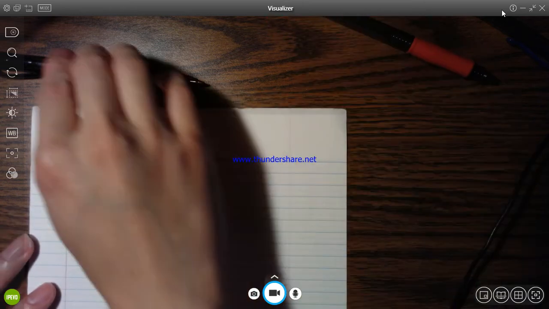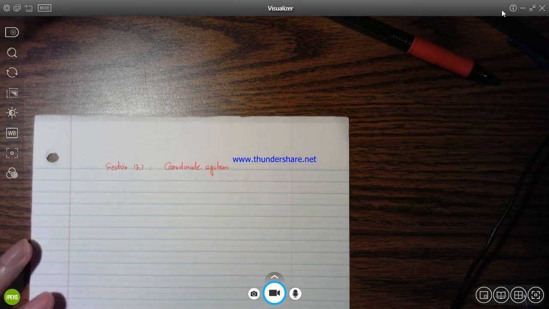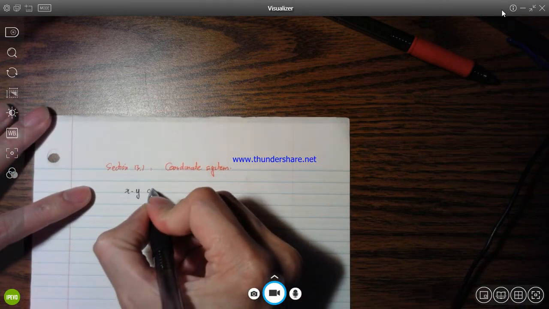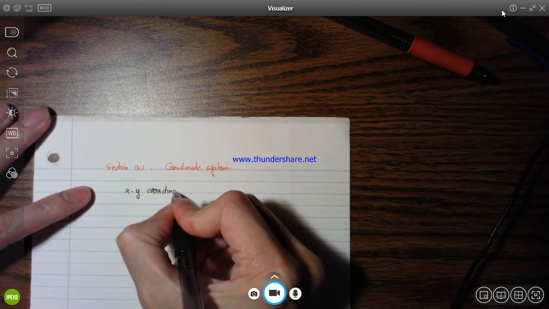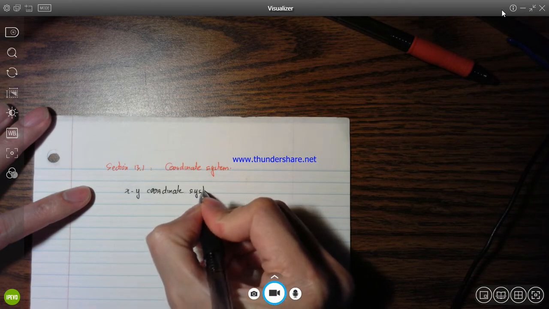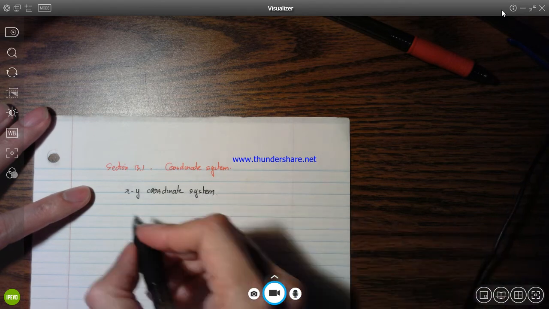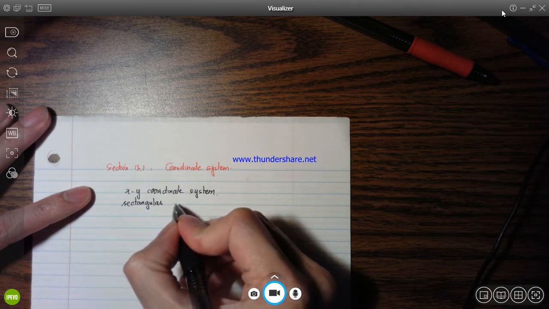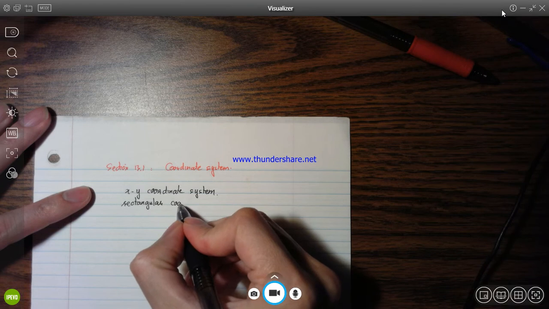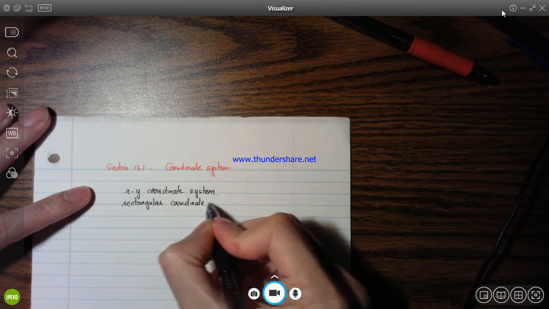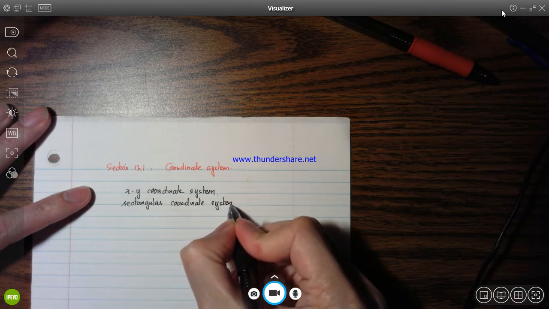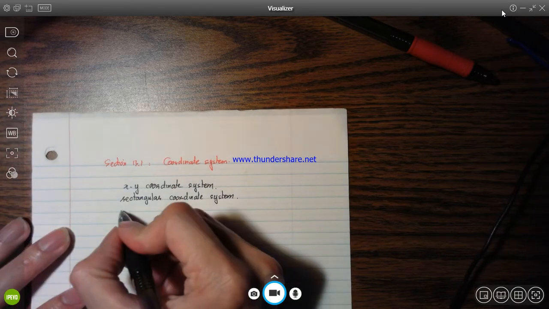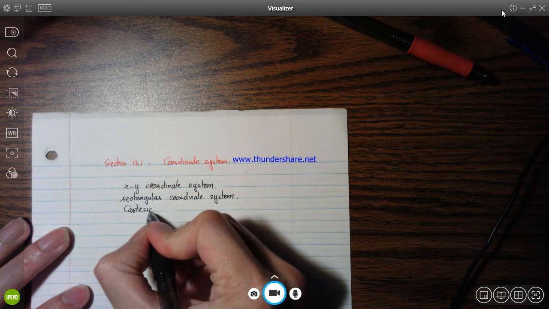And this system has many names. Sometimes we call it coordinate system. It has another name, we may call it XY coordinate system. Or we can call it rectangular coordinate system, or sometimes we call it a Cartesian coordinate system.